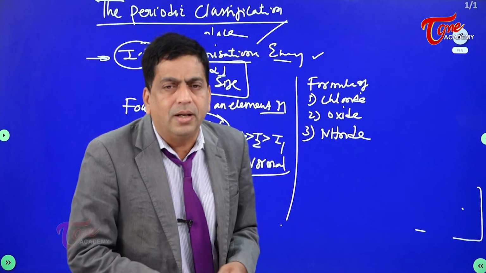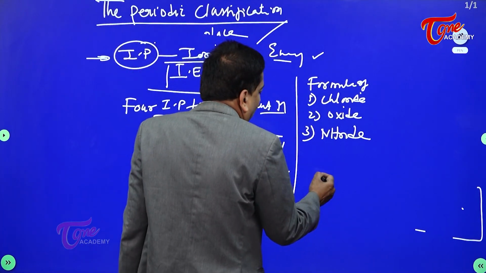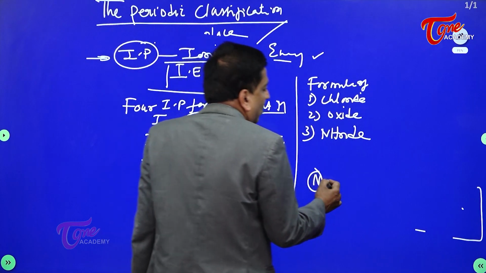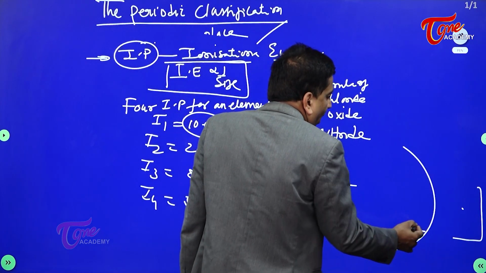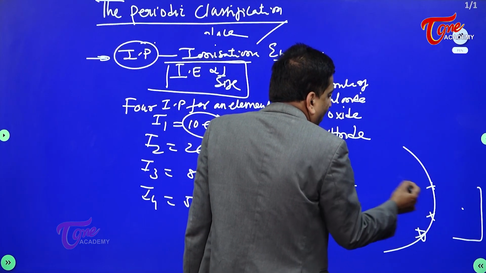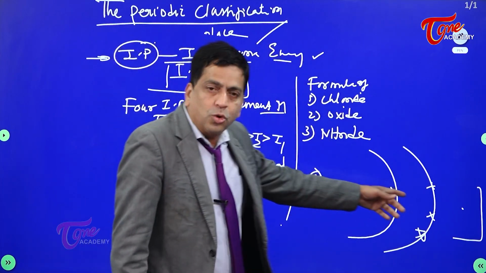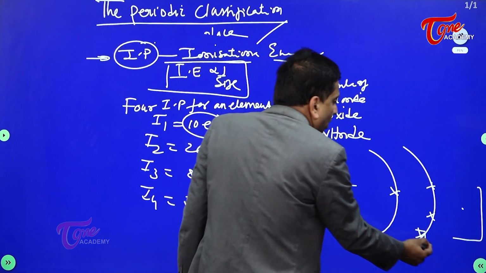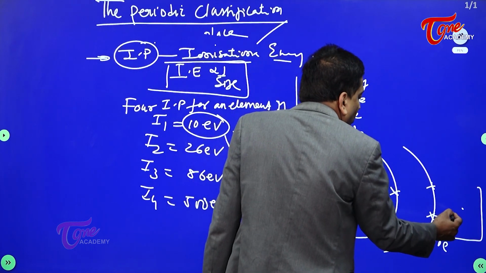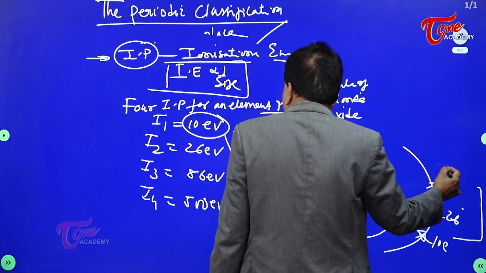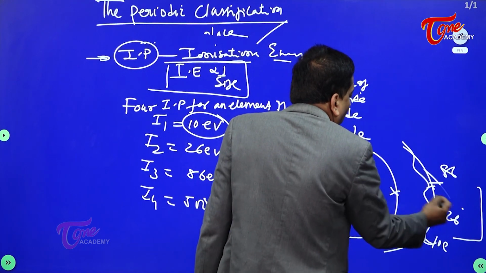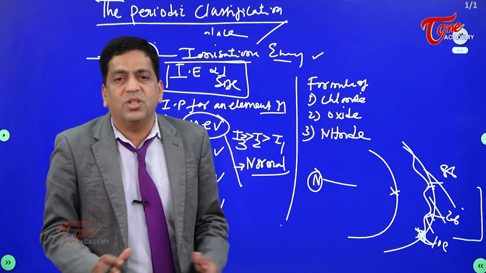Now what has happened here is basically, if you give a schematic representation, here is the outermost shell, and you have 3 electrons here, and here you have 1 electron. Assume you have 3 electrons over there, and the first one took 10 electron volts, the second took 26, and the third took 86, and the shell vanished. It has only 3 electrons, so the shell got vanished.